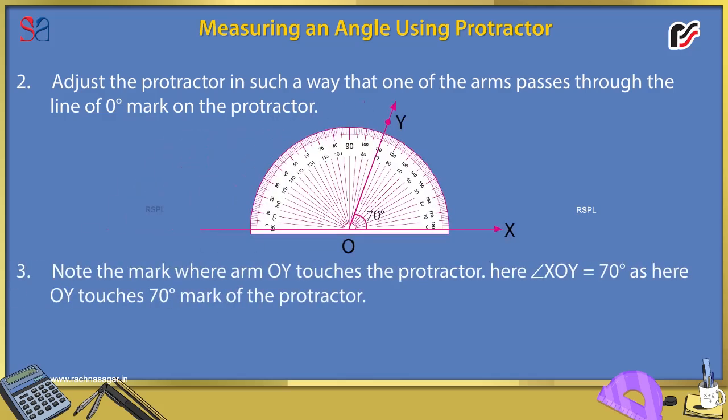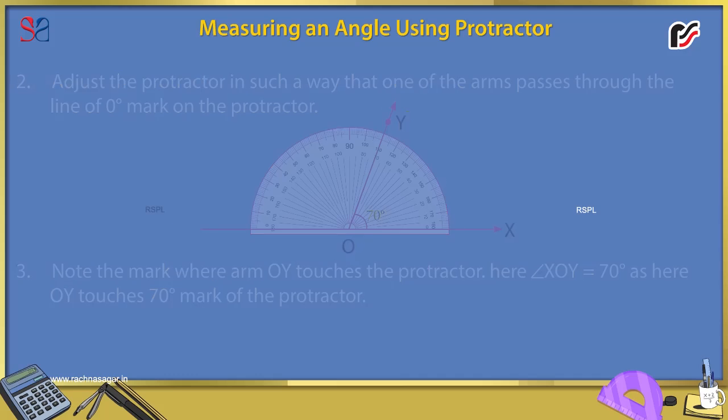Number 3. Note the mark where arm OY touches the protractor. Here, angle XOY is equal to 70 degree as OY touches the 70 degree mark of the protractor.